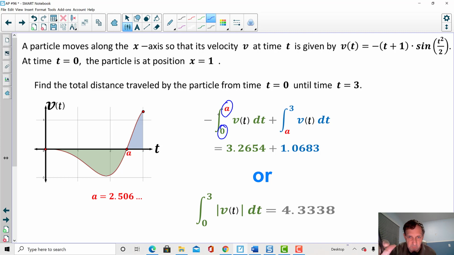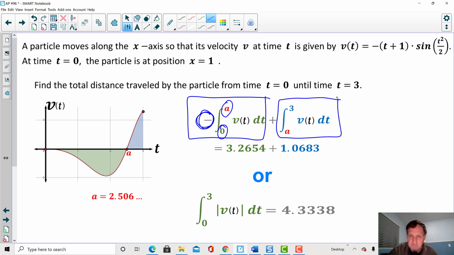So when we do the integral, we're going to get a negative number. So you're going to have to put an additional negative in front of it to make that entire amount positive. For our second integral that goes from a to 3, we already know it's positive. So that's going to be an easy one. You can just leave that alone. And we want to add these two values together. And if you add these two values together, you will get the same final answer.